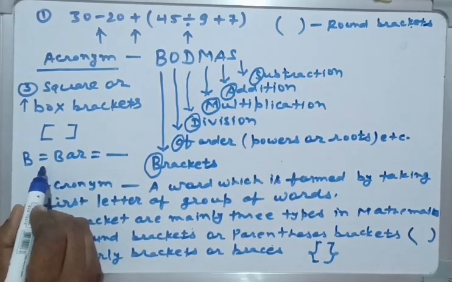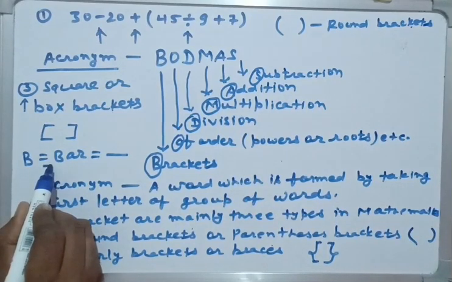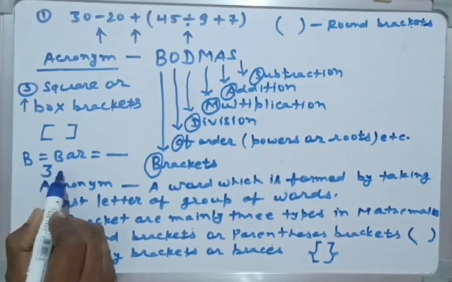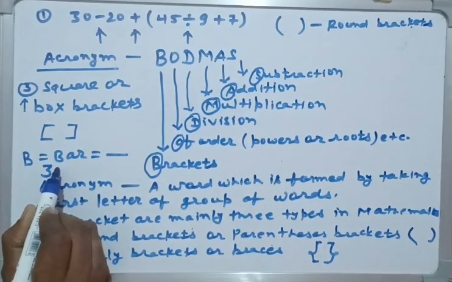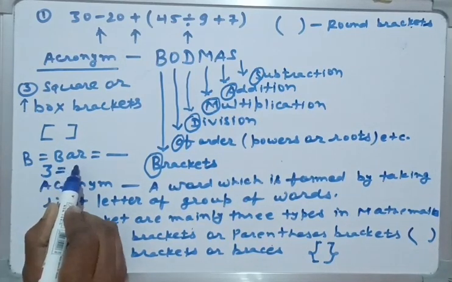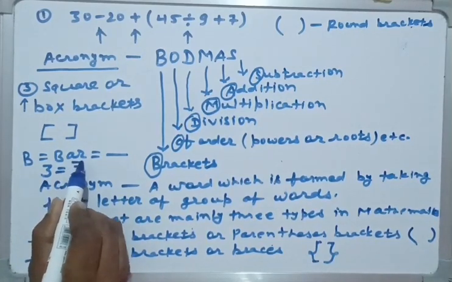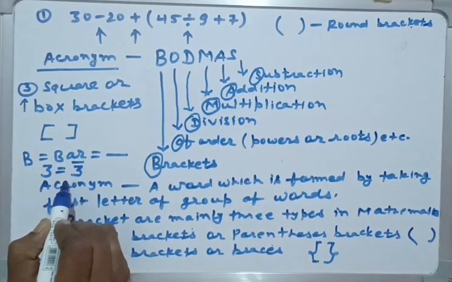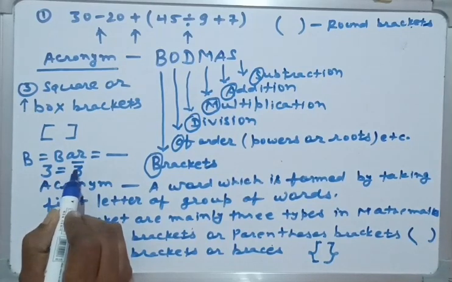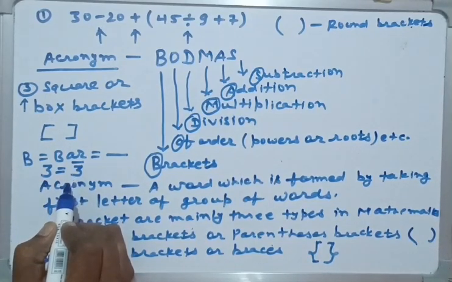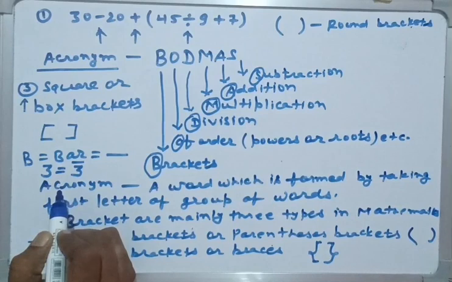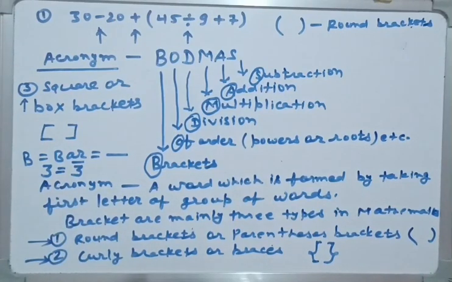See, suppose I have written a numeral 3. Now when I put a line over 3, you read it as 3 bar. Okay guys, now finally we conclude here.